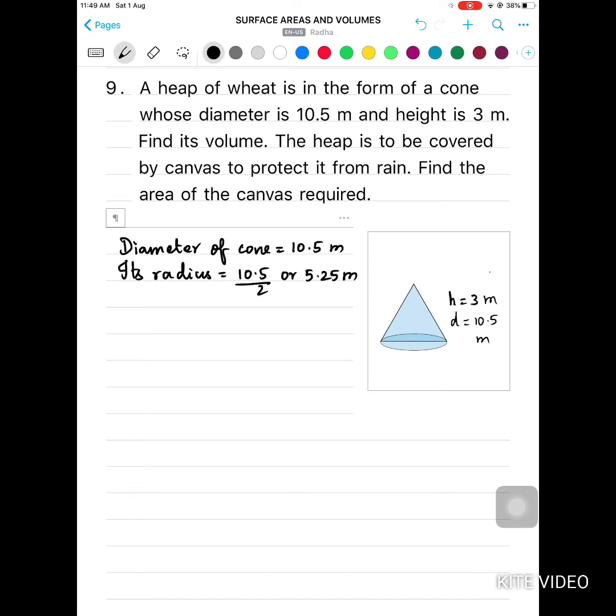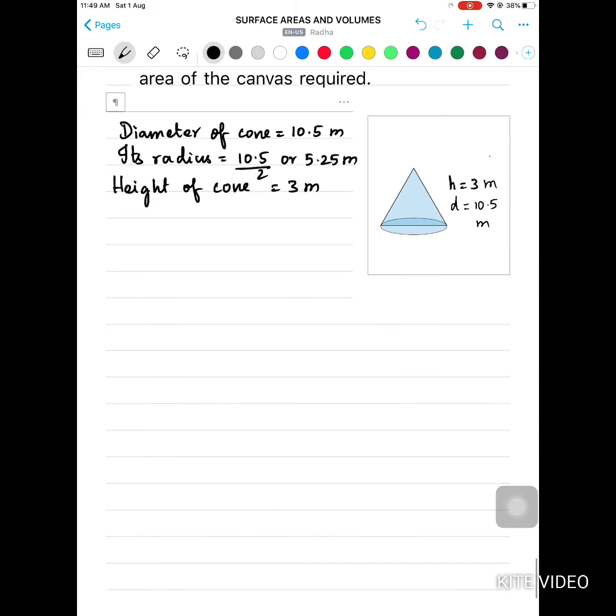And what is the height of the heap of the cone given? Height of the heap of the cone is given as 3 meter. Now we need to find its volume. So what is the volume of the cone? Volume of the cone is given by the formula 1 by 3 pi r squared h cubic units.